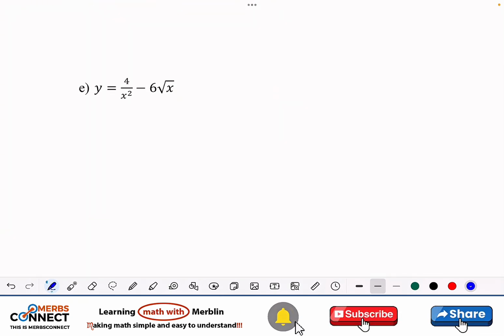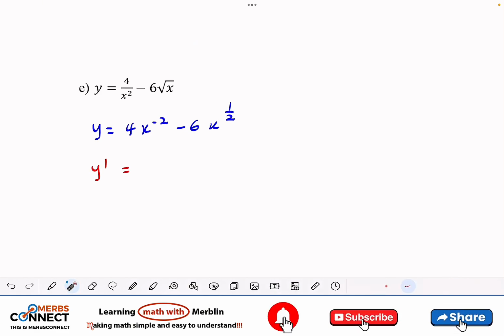Good. Let's look at E. Now with E, we need to do some simplification before we can differentiate. So we can say that y is equal to 4x to the power negative 2 minus 6x to the power 1 over 2. So this is kind of nice. So what will be y prime? This is going to be the 2 will multiply this. So we are going to have negative 8.